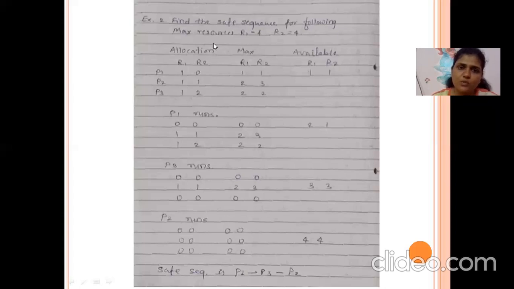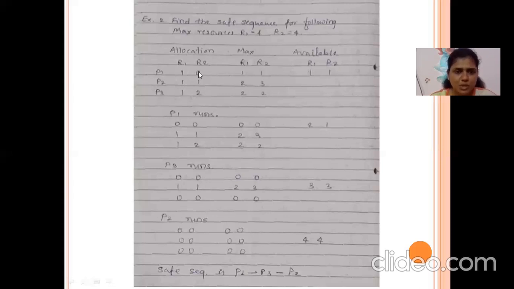That means out of these 4 instances of R1 type, 3 are given to P1, P2, P3 and only 1 instance is available, and that is reflected here in the available matrix. Okay. Out of these 4 instances of R2 type, 0 instances are given to P1, 1 instance is given to P2 and 2 instances are given to P3.